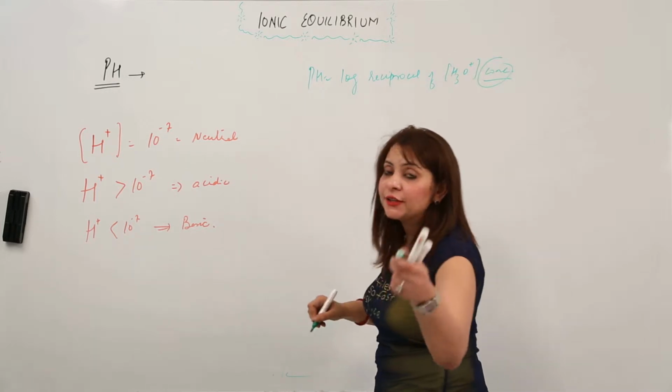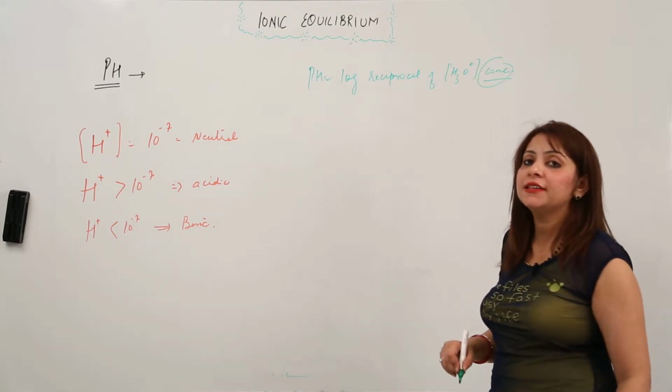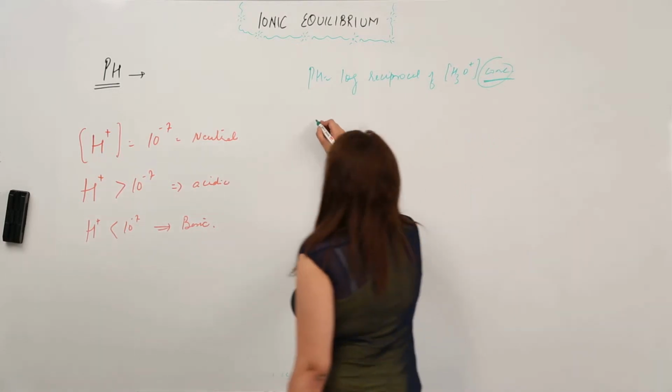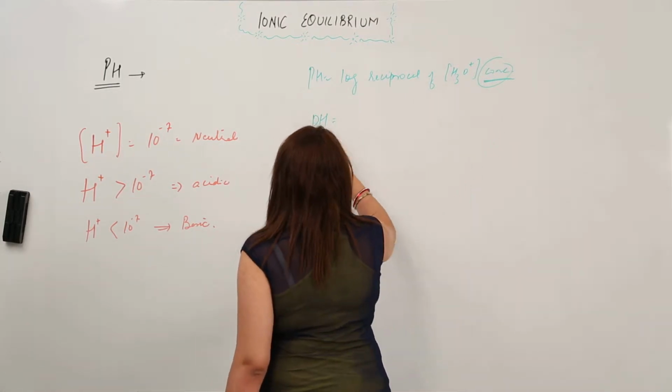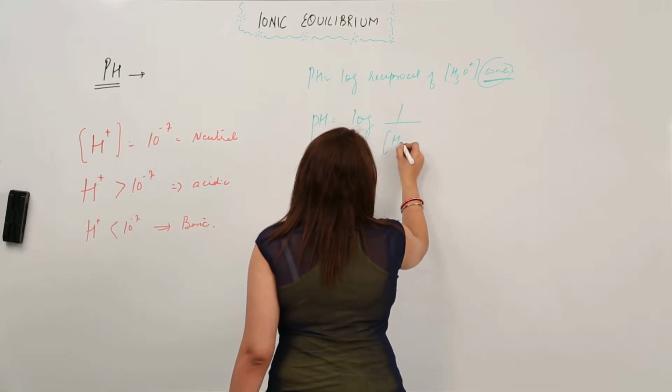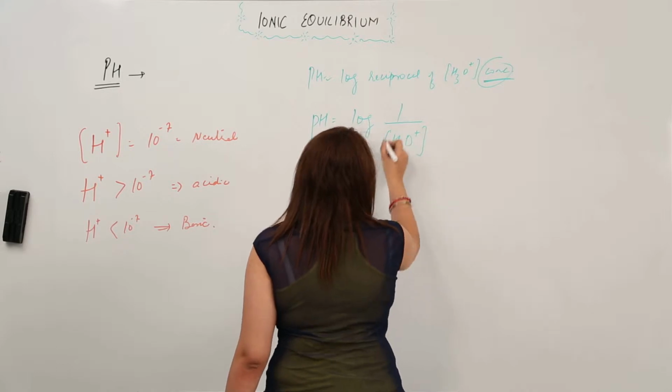As you know, if I put brackets, there is no need of writing the word concentration, but still I wrote it so that you should not get confused, right? So the mathematical expression for pH is the logarithm of the reciprocal of hydronium ion concentration. I can define my pH by this, right? And if I want to remove the reciprocal, then the pH is the negative of the logarithm of hydronium ion concentration.